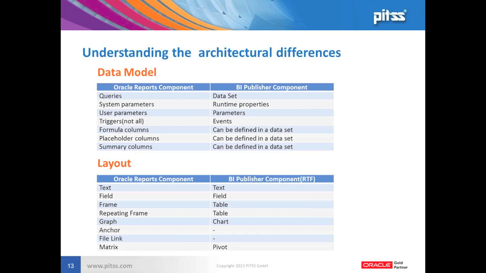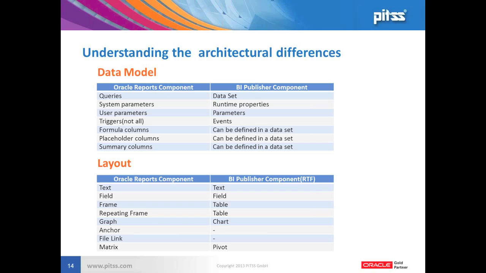Like I said before, it's very important to understand the differences between these two architectures, Oracle Reports and BI Publisher. BI Publisher and Oracle Reports have lots of similarities, as you can see in this slide, in the data model part, but differ significantly in the layout.